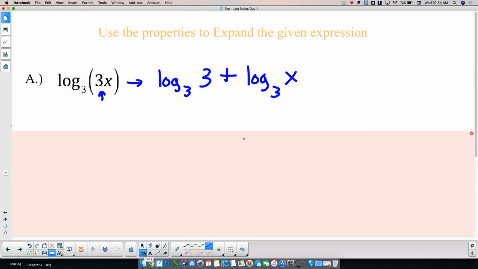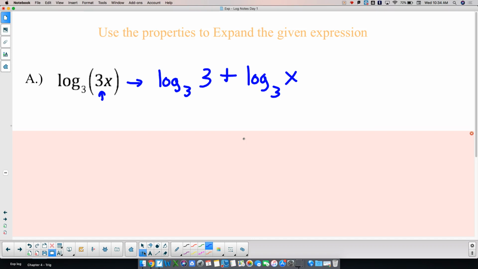Now, just like with fractions, we have to reduce at the end. Okay? So if you have a log with a variable in it, you can't reduce it. So log base 3 of x, non-reducible. But if you have a log with a number in it, you always have to check to see if it can be reduced. Earlier, I said that logs are exponent finders.